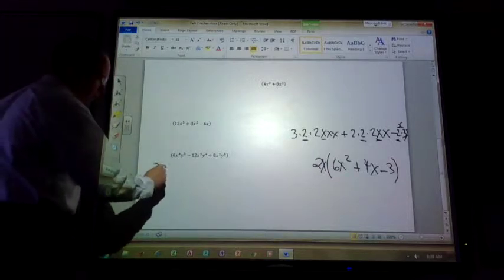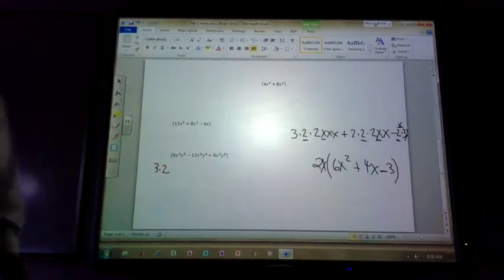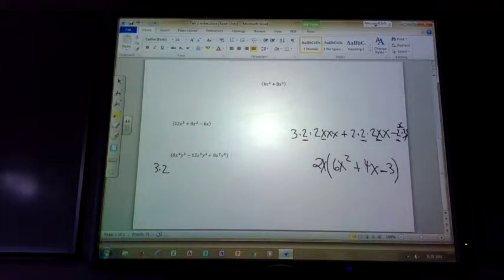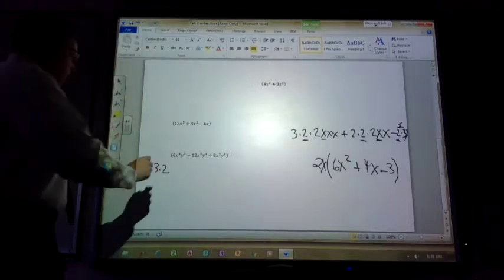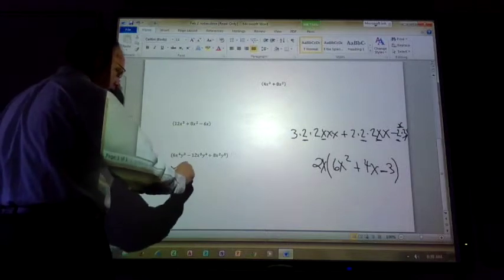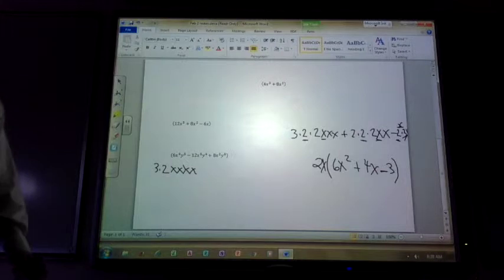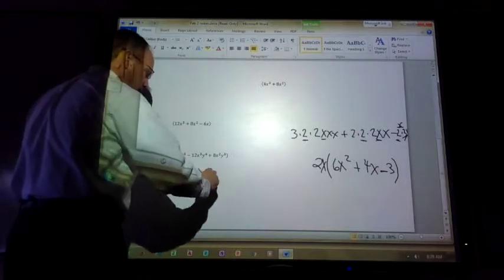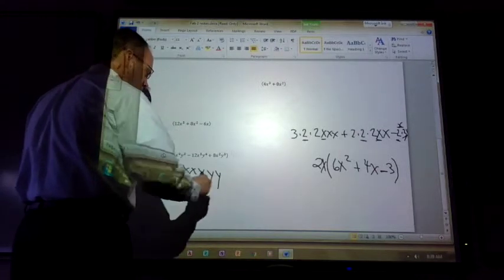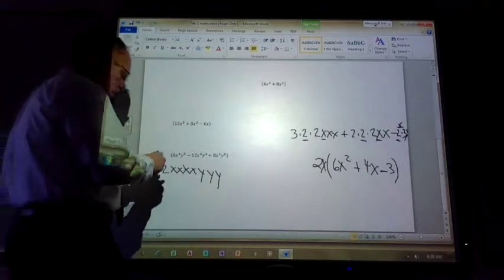I like it. And now, Megan, what does x to the 4th break down to? X, X, X, X. And then y to the 3rd breaks down to y. Good. And then the minus is going to come along.